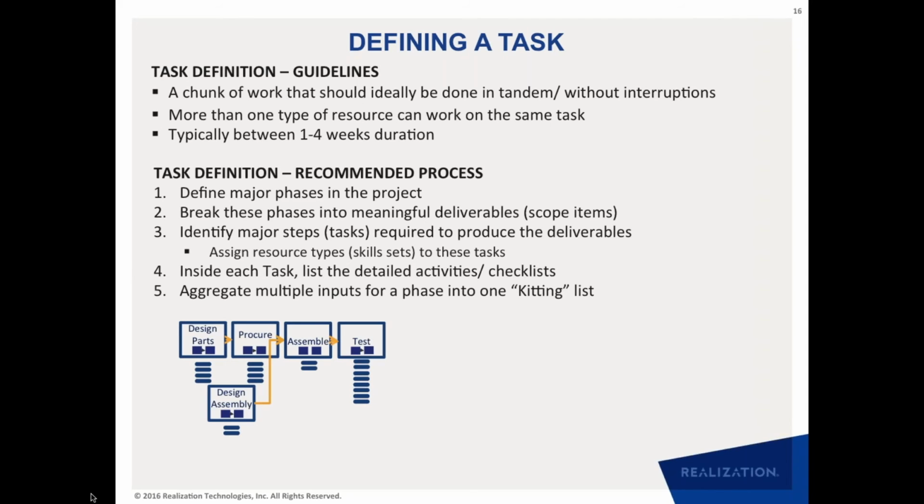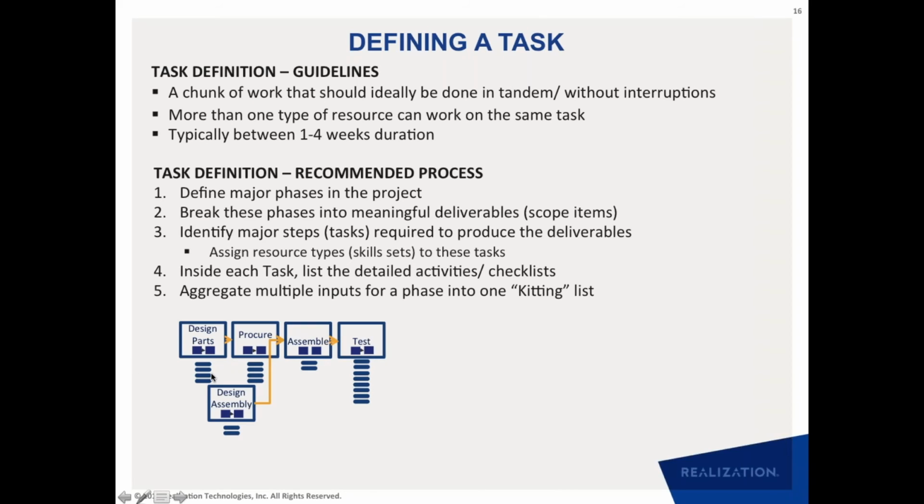So for example, to make it more concrete, in the project plan that we did for the engineer to order, we know the phases are: you design, then you procure, you do some assembly, you do some testing, and there's an assembly design that is going on. So these are the major phases, if you will, that happen inside the project. So we know those phases.